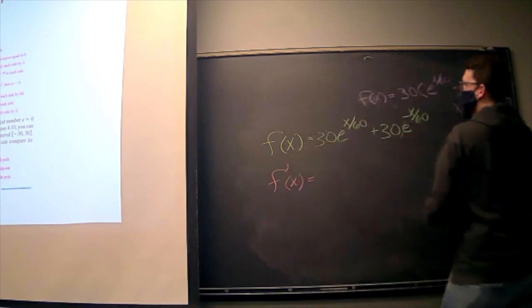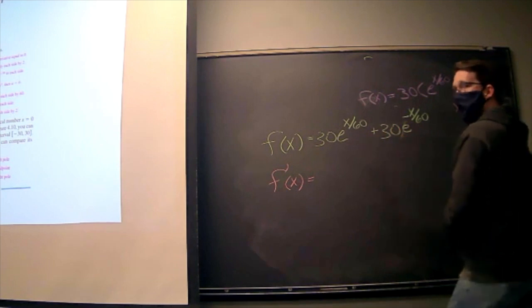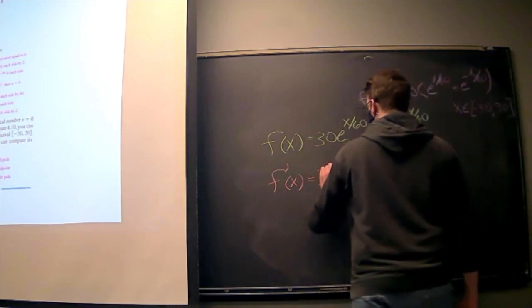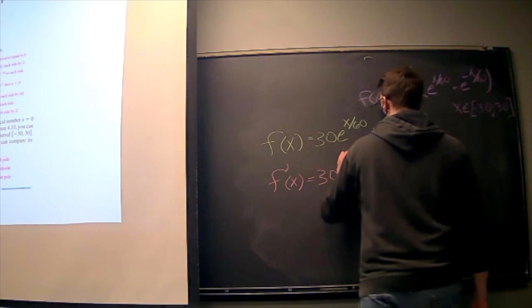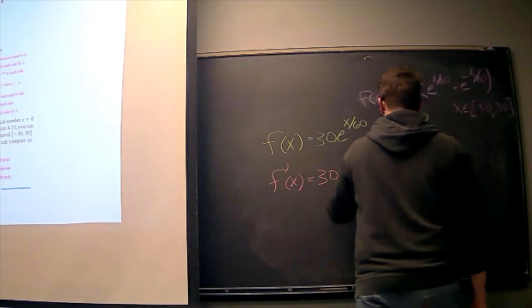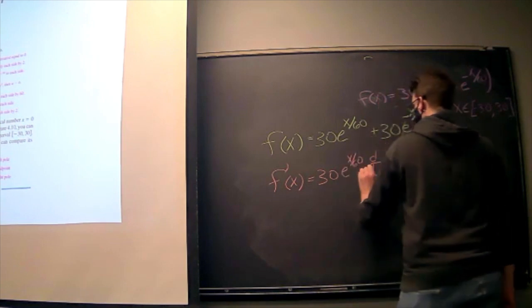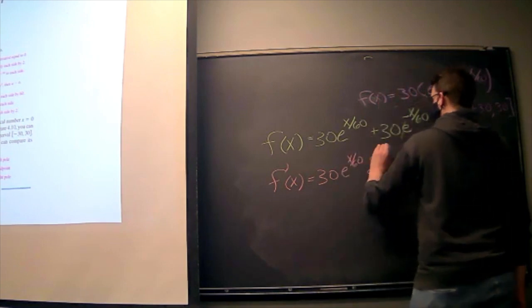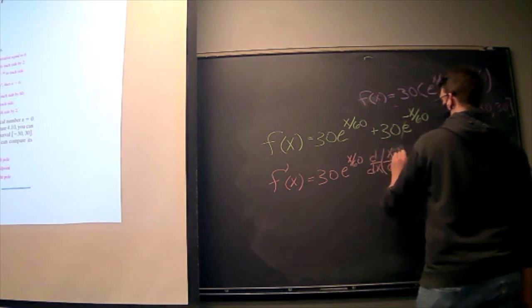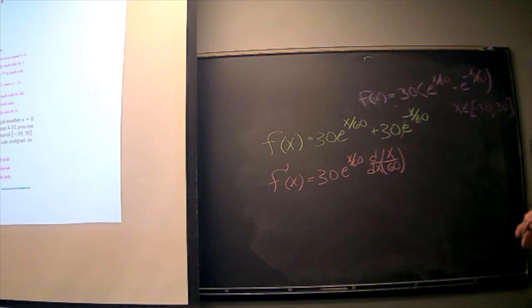going to come out to be 30 times e to the x over 60, times 1 over 60. Right?